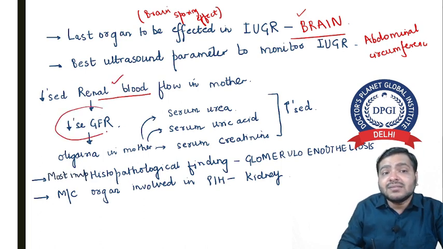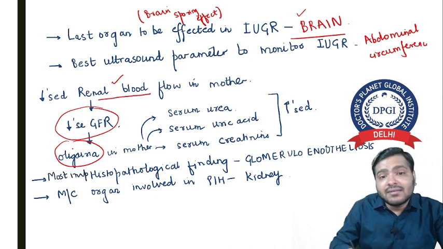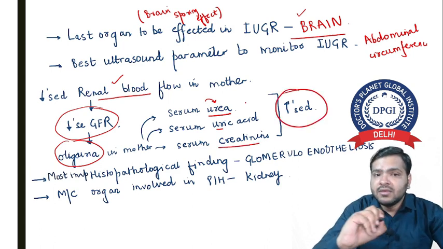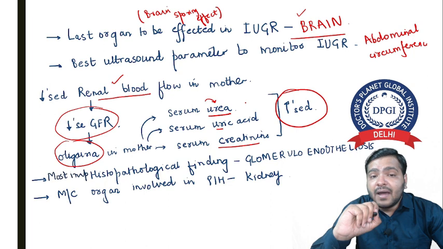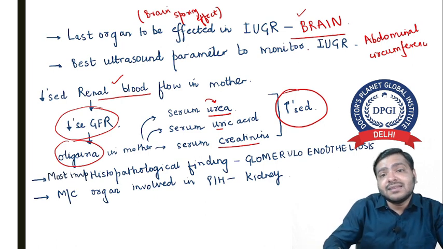There will be decreased GFR in the mother also, and ultimately she will have oliguria, and oliguria indicates that the concentration of urea, uric acid and creatinine will be increased in the blood. So in the mother's serum, urea, uric acid and creatinine will be increased. That's again a question, I'm putting a dollar sign over here.